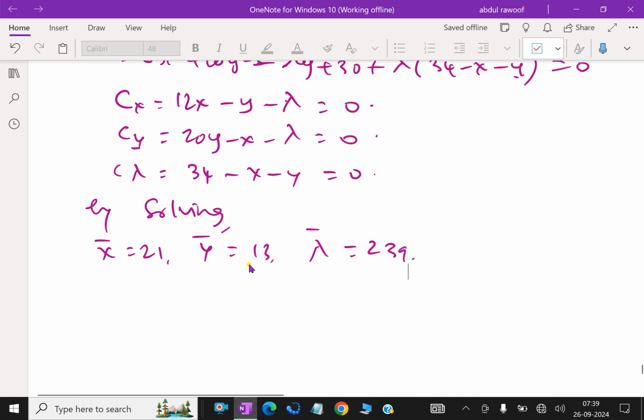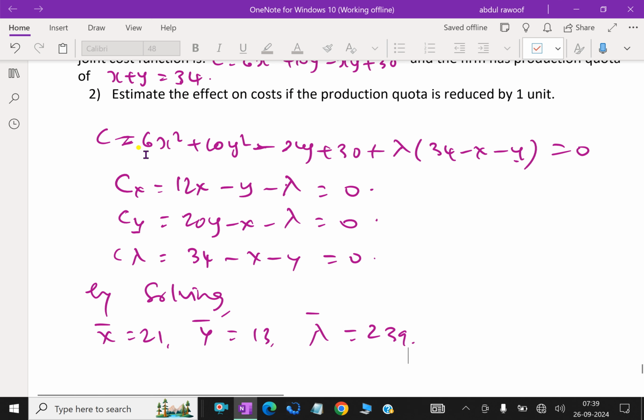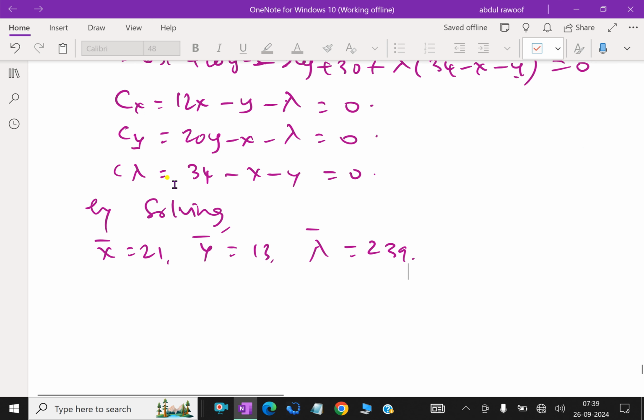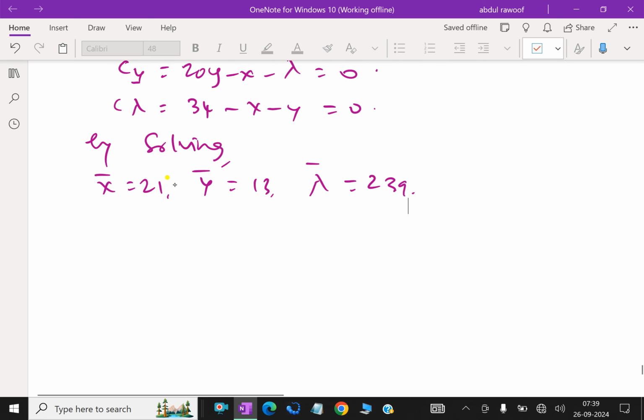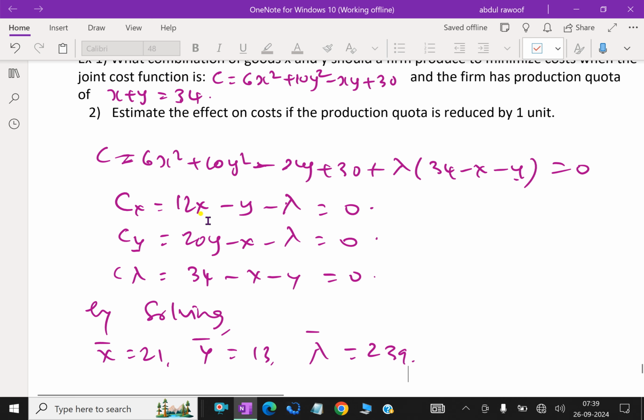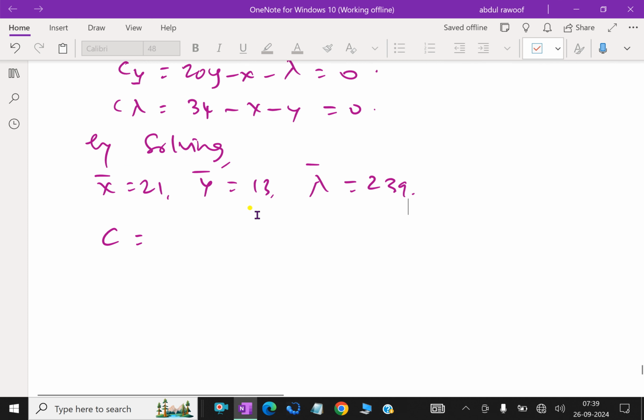Using these values of x, y and lambda in the cost function, I'm not showing the solution method, but you can do substitution. Then C equals 4093.